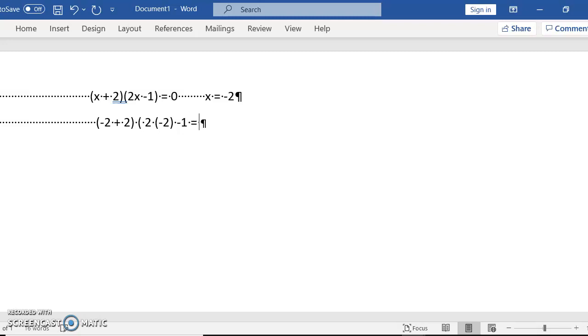Minus 1 is equal to 0. So now I have 0 times, and that is now equal to -2 times 2 is 4 minus 1. So this would be -4. Of course, that's equal to 0.